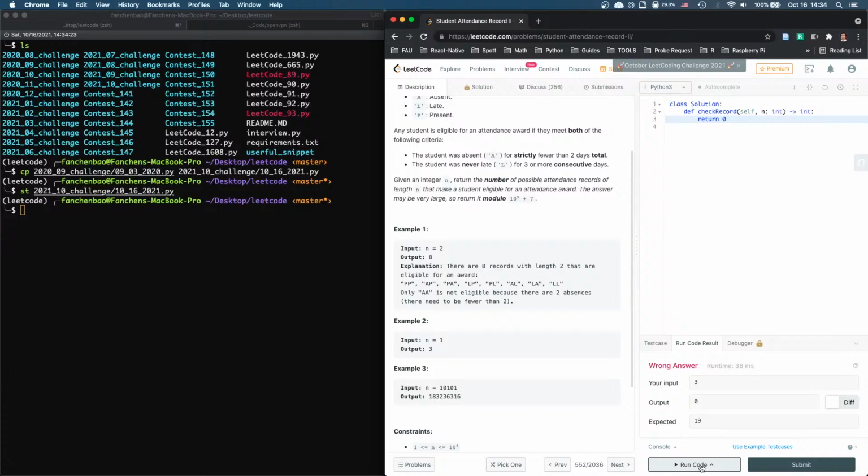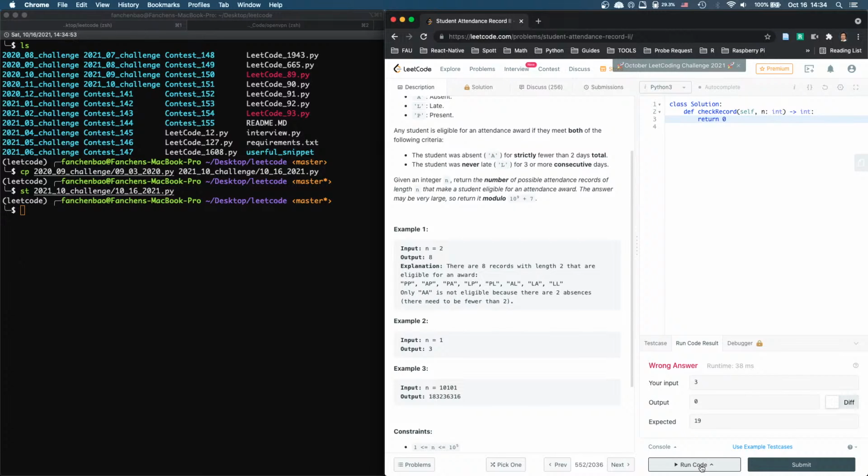Let's analyze it again. So we can have P in the first position, A in the first position, or L in the first position. If it's P in the first position, then the remaining two is all good to go. We don't have restrictions. So that gives us 8, because n equals 2 gives us 8. If the first position is A, then the remaining can be just no A, right?